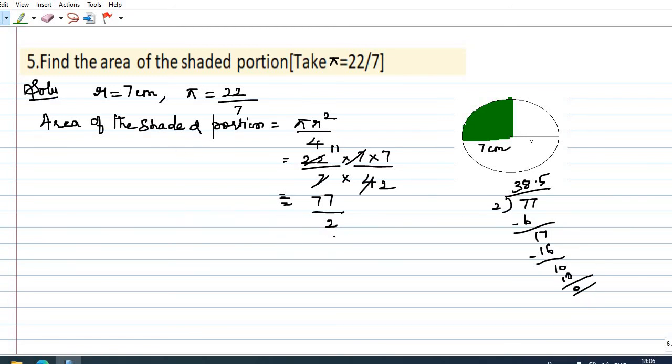So the answer is 38.5. What is the unit they are given here? Centimeter. So centimeter square.